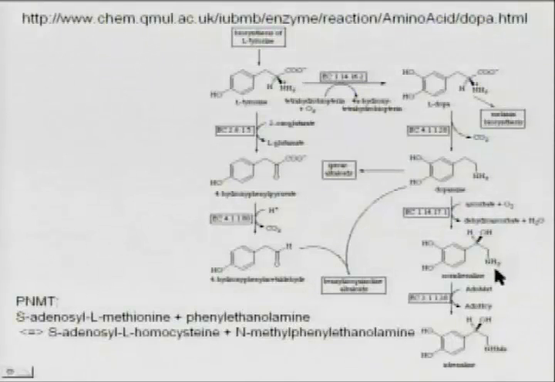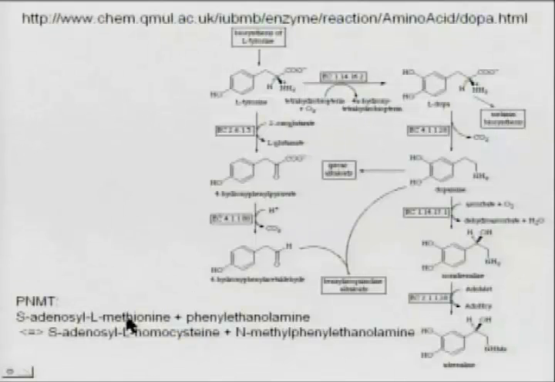Phenylethanolamine N-methyltransferase, we're going to transfer a methyl group onto the nitrogen here, and we see that the cofactor here, they're not spelling it out, but it is S-adenosyl L-methionine, or SAM. You may remember that abbreviation.